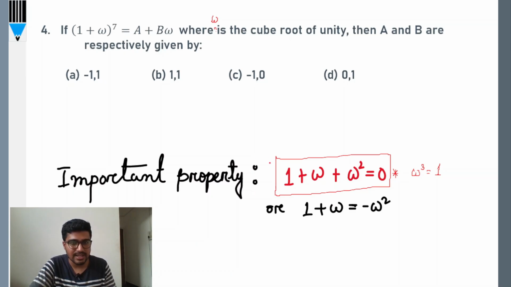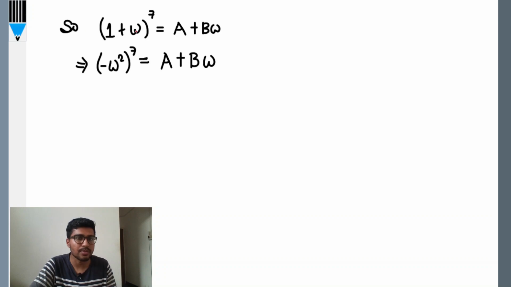We'll try to simplify this. Expanding (1 plus omega) to the power 7 will be harder, we'll have to do some work. But if we replace 1 plus omega with minus omega square, it seems easier. So minus omega square whole to the power 7 equals a plus b omega.